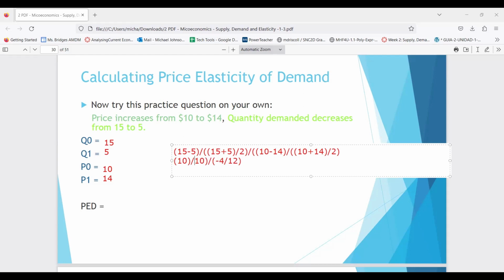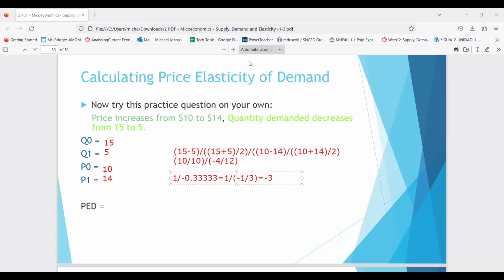So it would be 1 divided by negative 0.333, and that would be 1 divided by negative 1/3, and that would just be -3 here. You got -1.876. Okay.